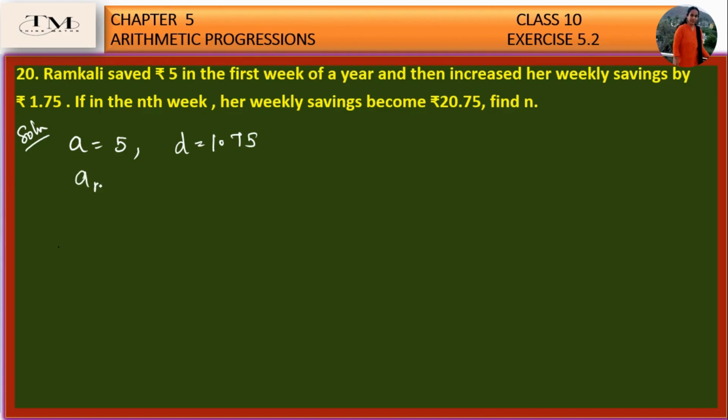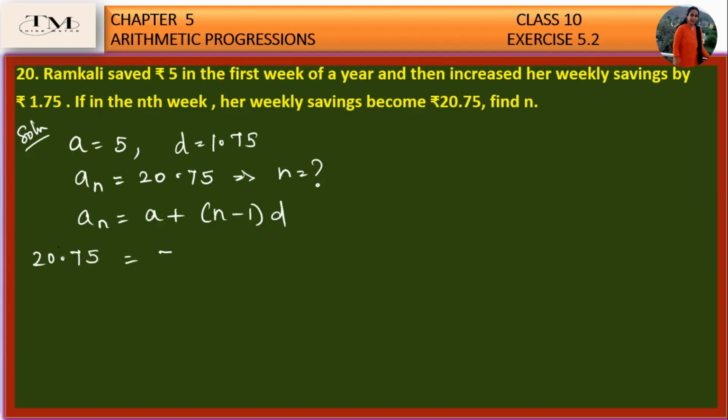So for a_n equal to 20.75, what is the value of n? We know a_n equals a plus (n minus 1) into d. This is 20.75, and a is 5 plus (n minus 1) into d, which is 1.75.